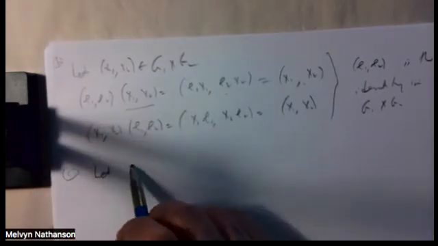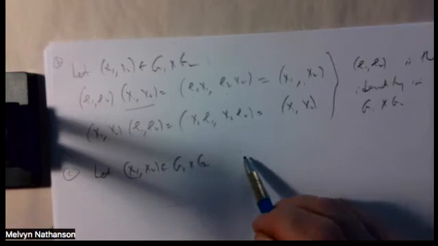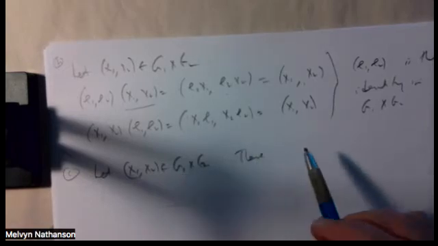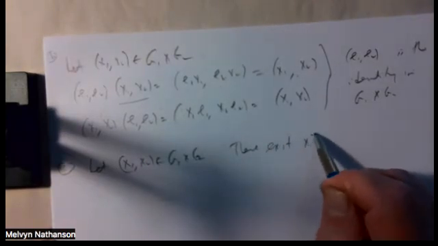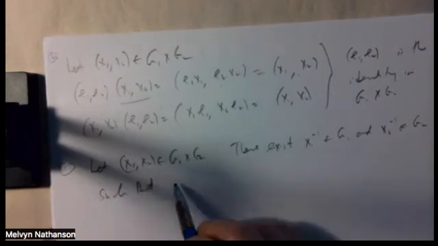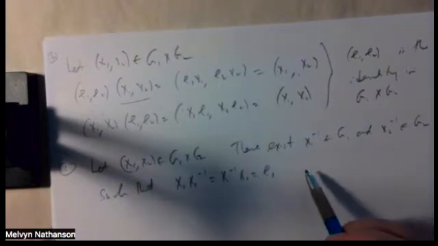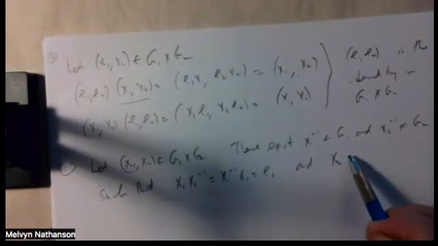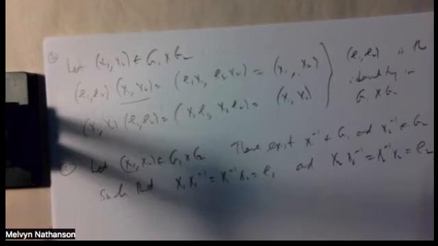Part C. Take (x1, x2) in G1 × G2. Because G1 and G2 are groups, we can say that there exists x1 inverse in G1 and x2 inverse in G2, such that x1 x1 inverse and x1 inverse x1 equal the identity in G1, and x2 x2 inverse and x2 inverse x2 equal the identity in G2.